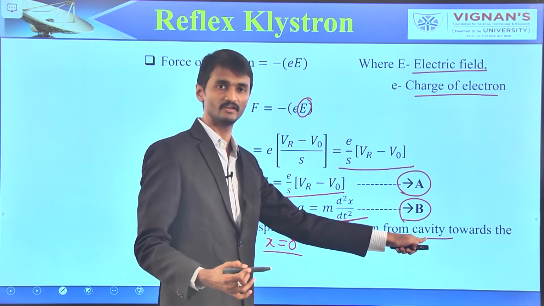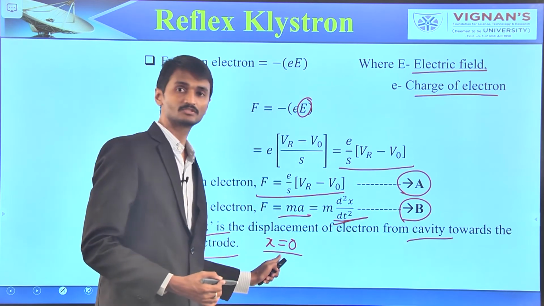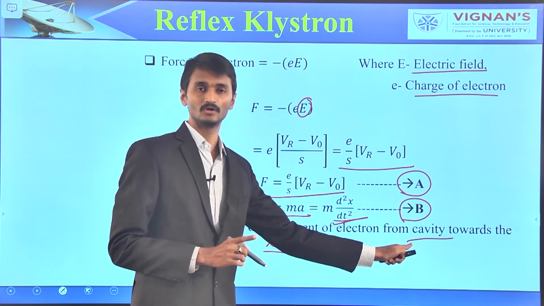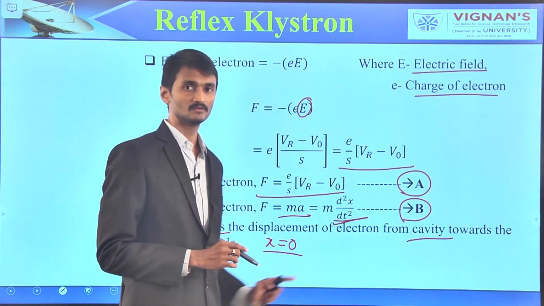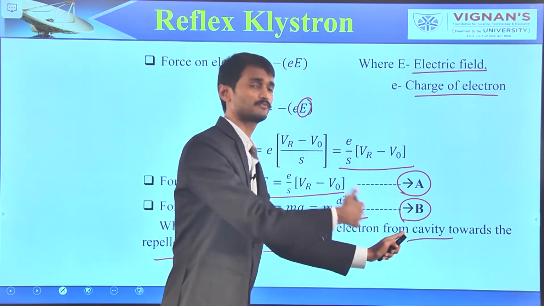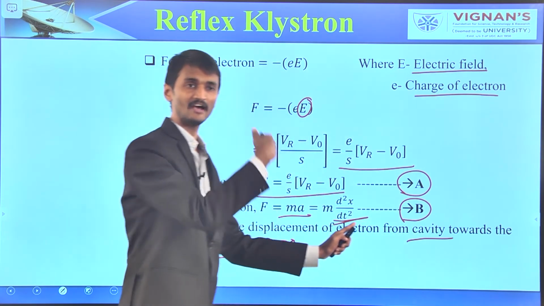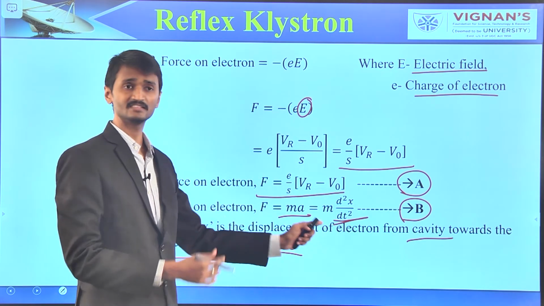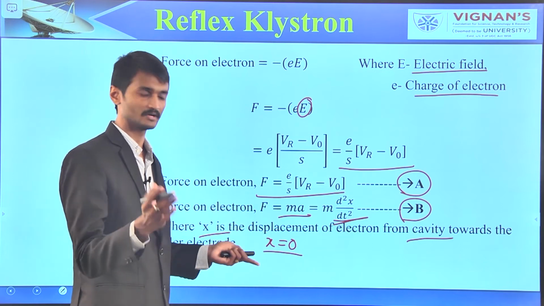The displacement is defined from the cavity to the repeller electrode only, so if the electron is at the cavity, there is no displacement.